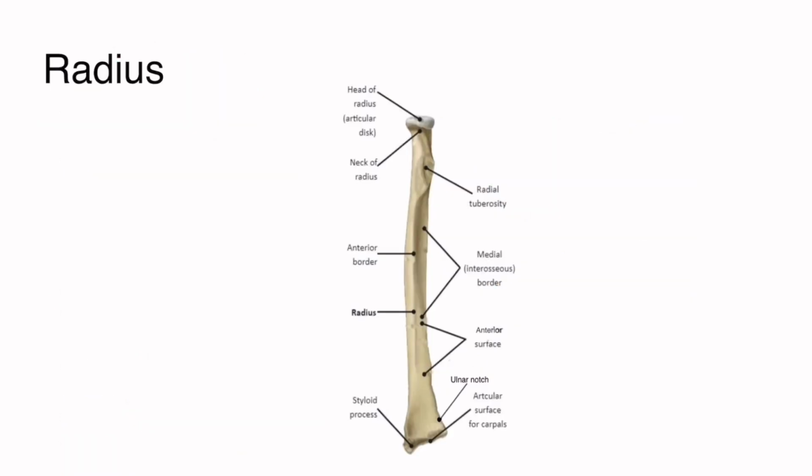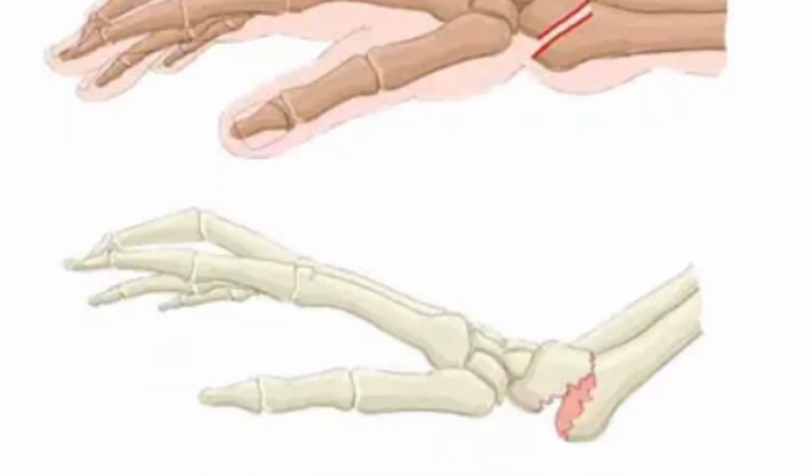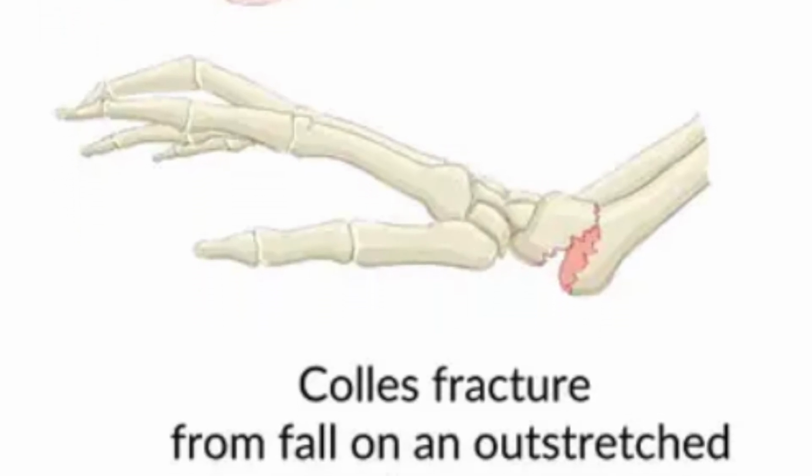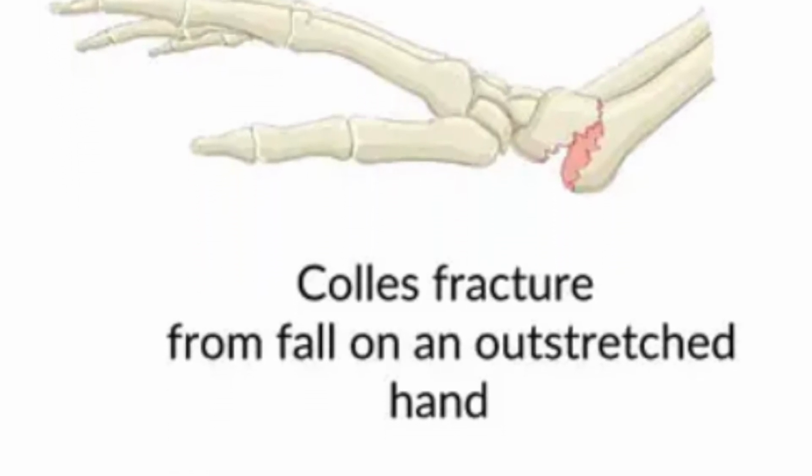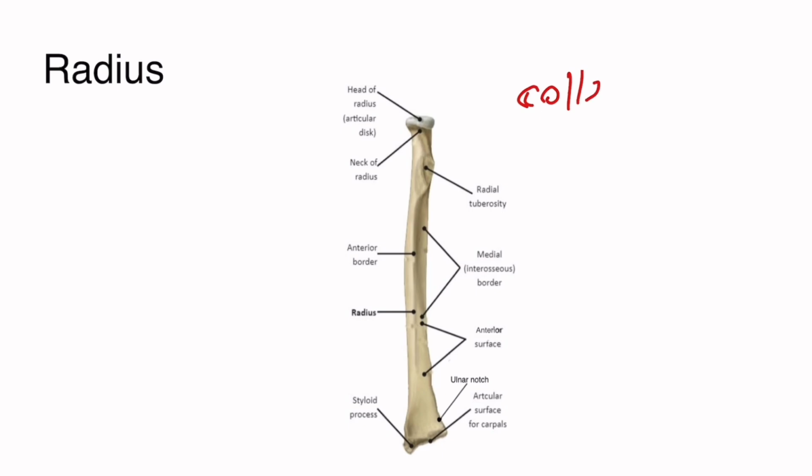What about clinical correlations? We can say Colles fracture, it's a distal radius fracture caused by falling on outstretched hand.